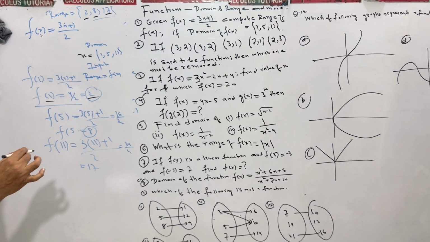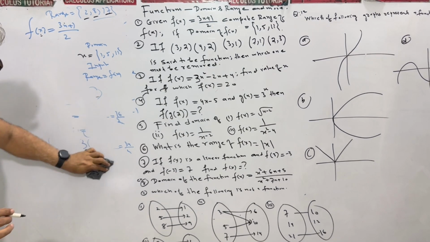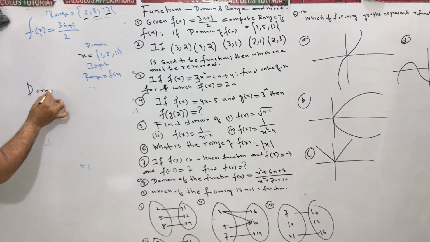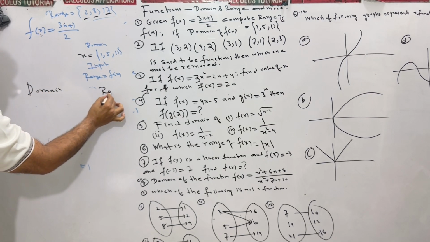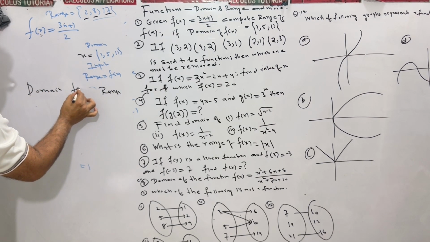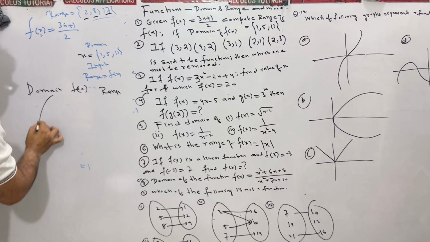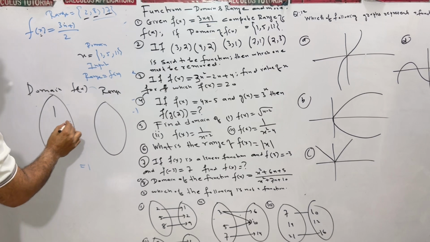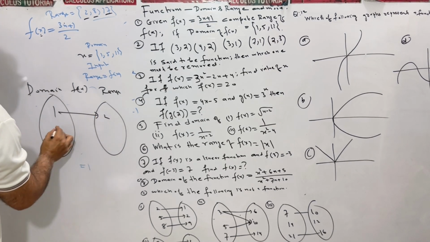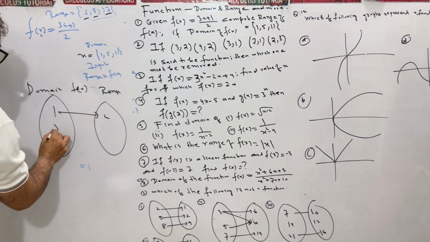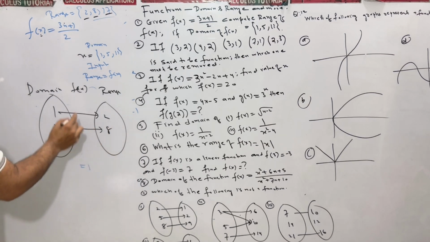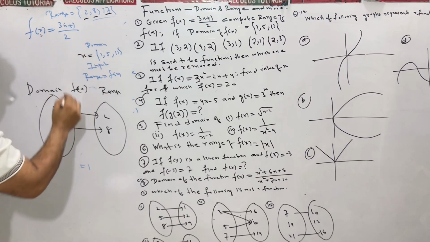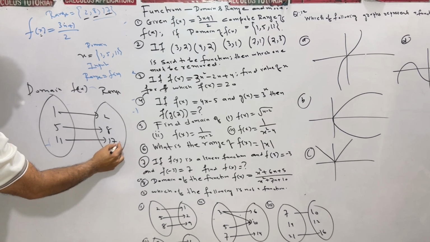So how do we write this in function language? Look at this domain, and here its range related with f of x. Here lies the domain 1, 5, 11. The image of 1 is 2, the image of 5 is 8, and the image of 11 is 17.